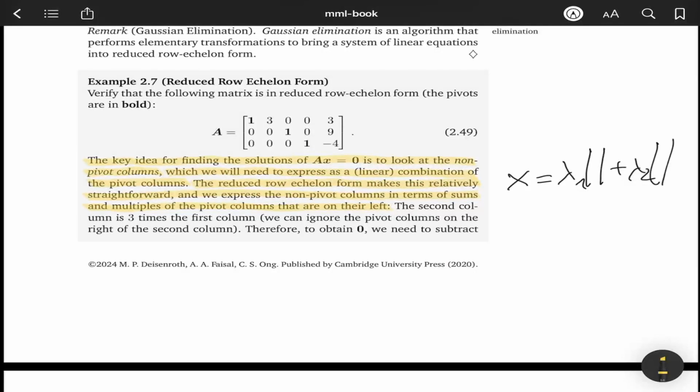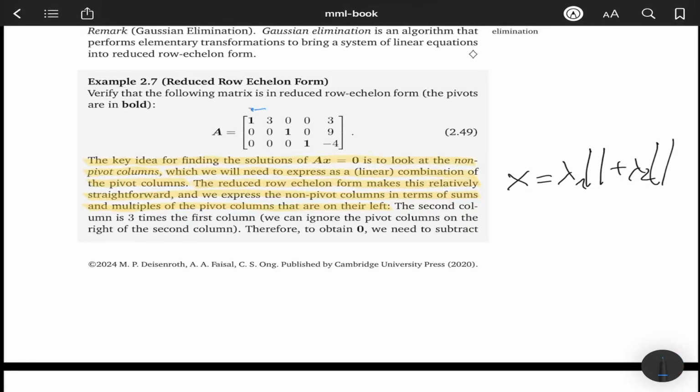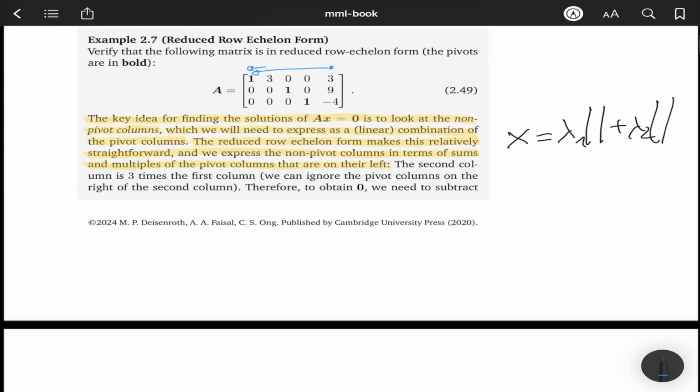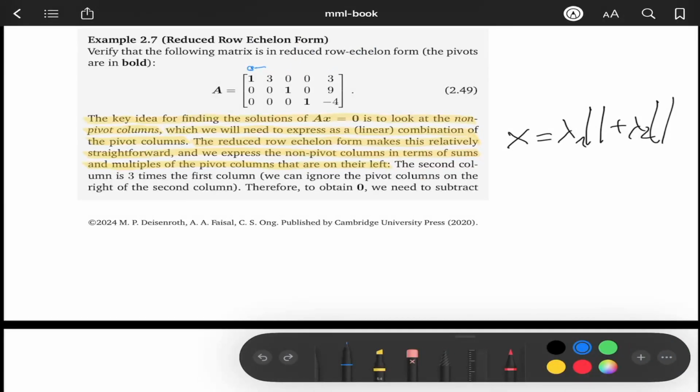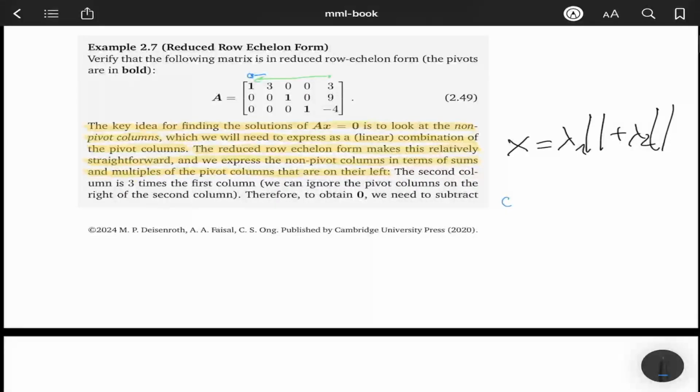Oh, I see. What they mean with on their left is we try to express this one by looking only at the pivots on the left, and we try to express this one by looking at all of those pivots on the left. So we have C1. Let's use 2 different colors here. So let's define C1.